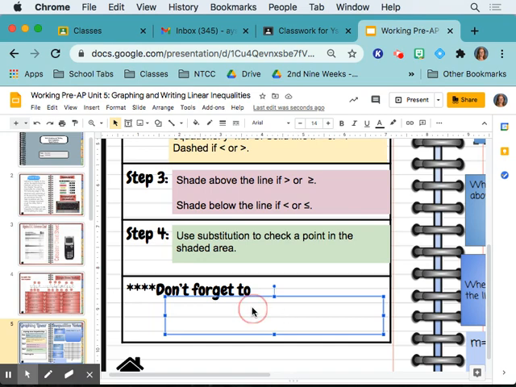Okay, don't forget to dash the line if less than or greater than. That's one thing that a lot of people forget. So just make sure you go back and check that. If it's not or equal to, then it must be dashed.